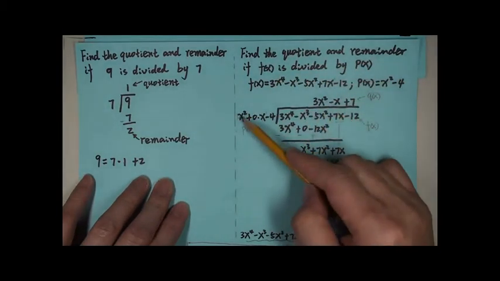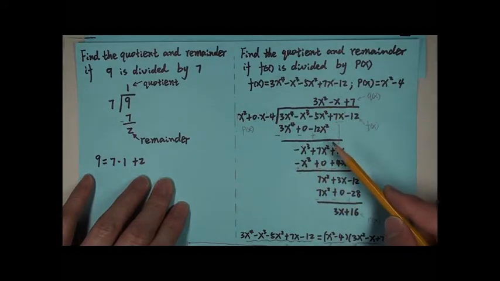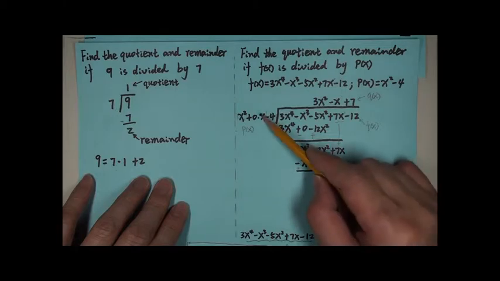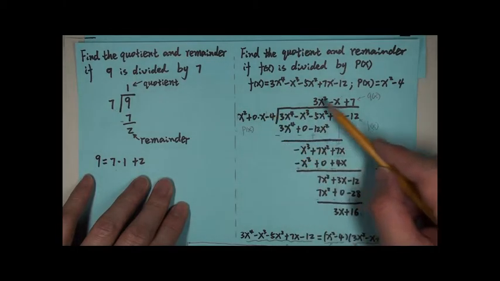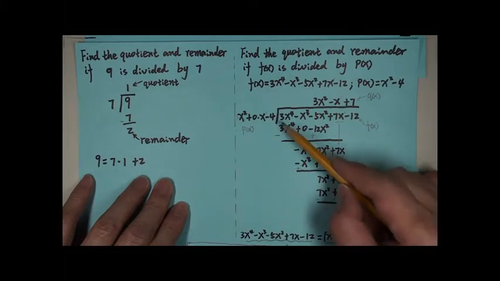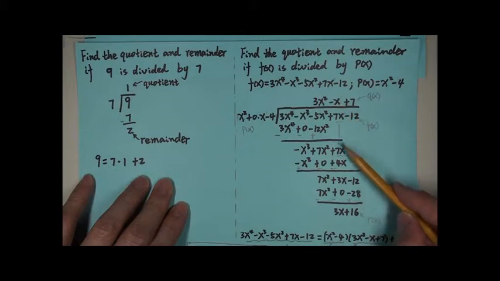Negative 1 times positive 1 gives negative 1, so it's negative x cubed. Then 0 times this term gives a 0, and negative 4 times negative x gives a positive 4x.